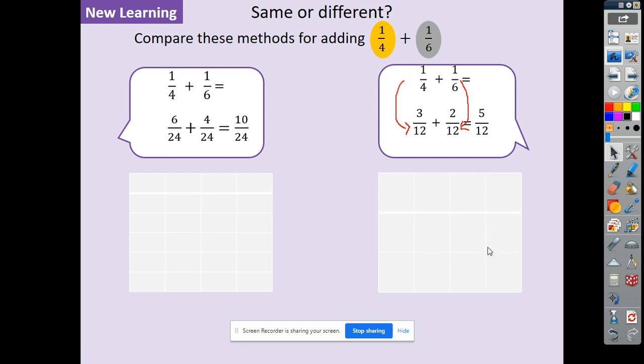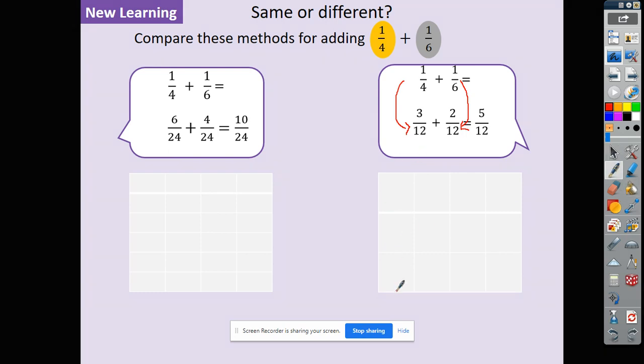So this time we've split our shape into 12ths. Now 1/4 we can see quite easily because we know that we've got 1/4 there, 2, 3, and 4. So 1/4 here is the same as saying 1, 2, 3/12.